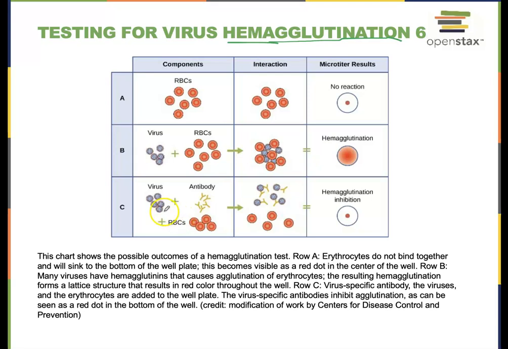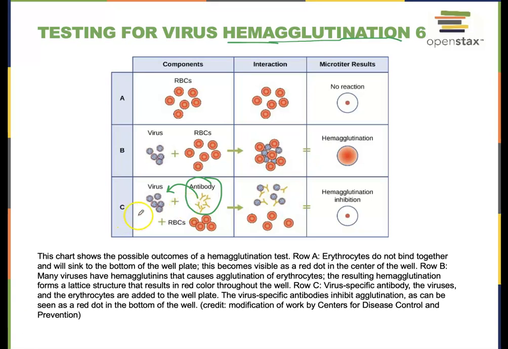In this image, we have virus and antibody and red blood cells. So instead of just clumping those red blood cells, what we have here is our body has made an antibody. This is going to be made by our bodies in response to a previous viral infection. So we only get antibodies when we've had the infection before.